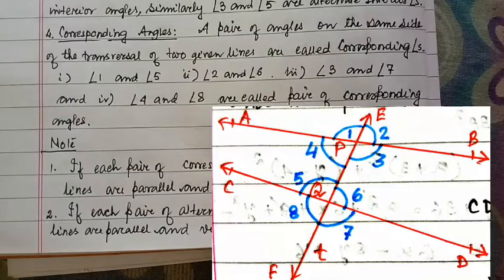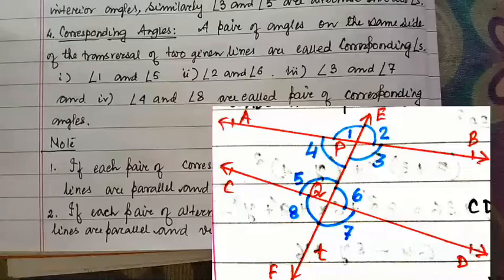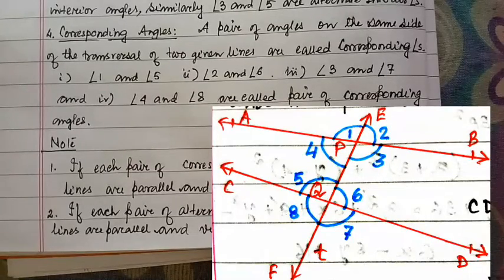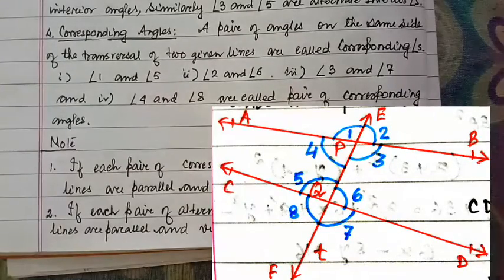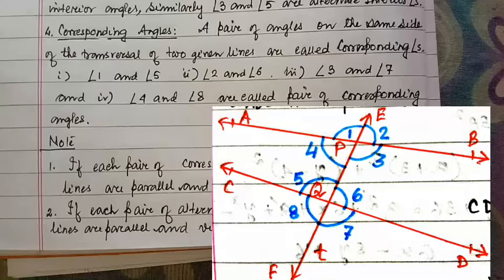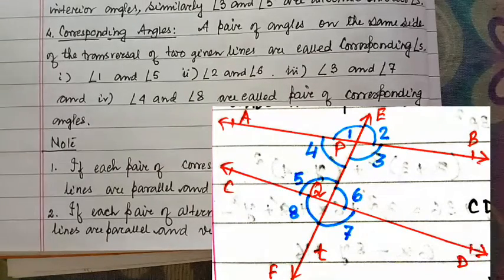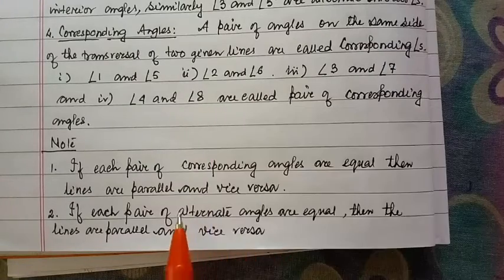Similarly, angle 2 and angle 6 are corresponding angles. Why? Because these angles lie on the same side of the transversal line EF. Similarly, angle 4 and angle 8, and angle 3 and angle 7, these pairs of angles are corresponding angles.